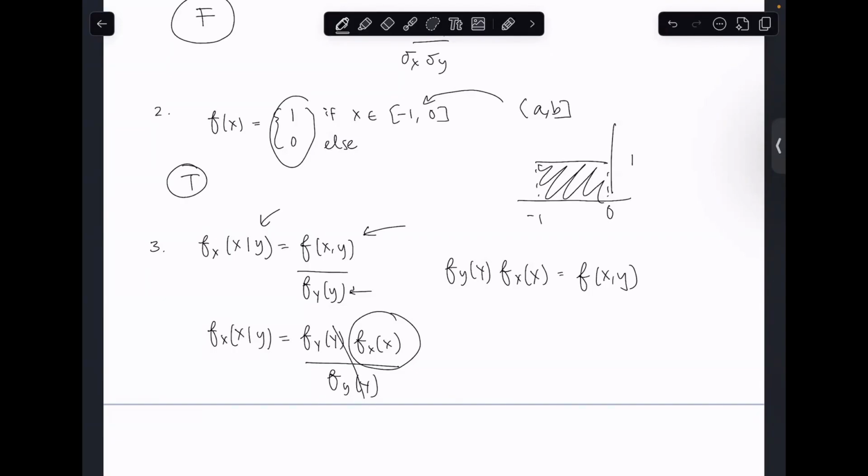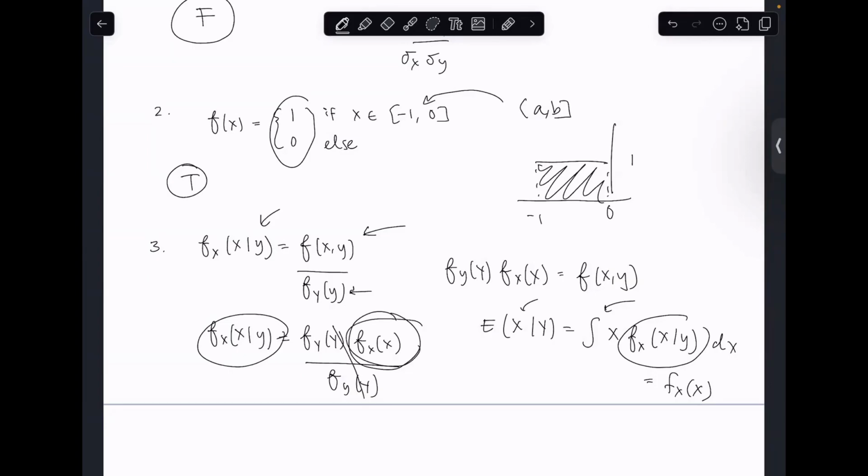And so if I were to take the expected value of this, remember our expected values is going to be like the bounds. I'm not sure what the bounds are here, but the bounds of x in this case times the value of x times whatever our conditional probability is. Right? And if we know that this equals our marginal density function for x, which is shown by this over here because these cancel, right?